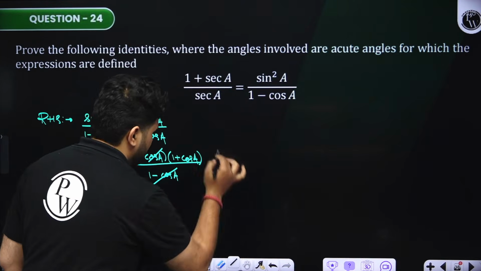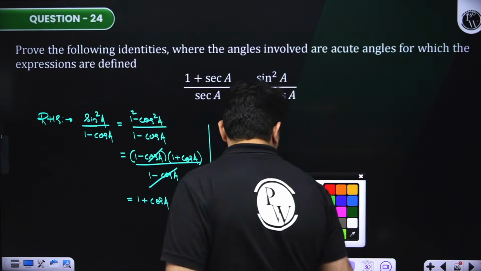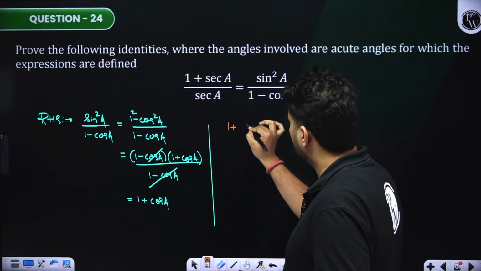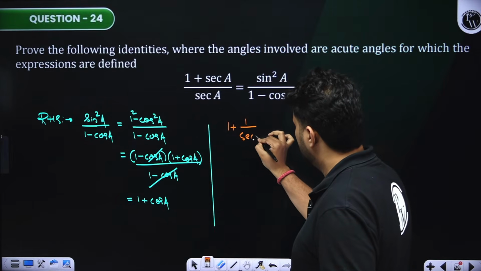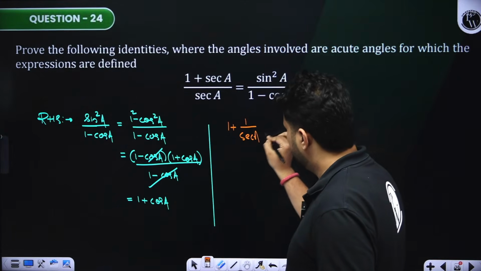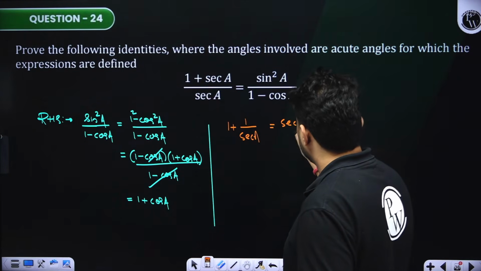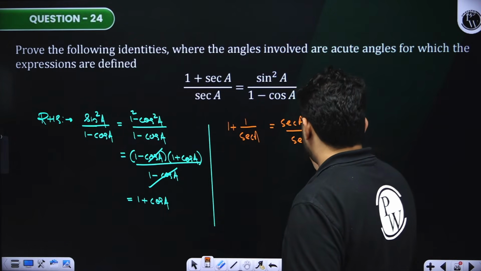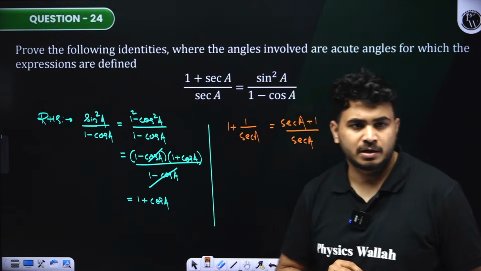Understood? Clear? So in this case we have 1 plus cos a, whose value is nothing but 1 by secant a, yes or no? From this step, which is nothing but secant a plus 1 divided by secant a, which is nothing but this.